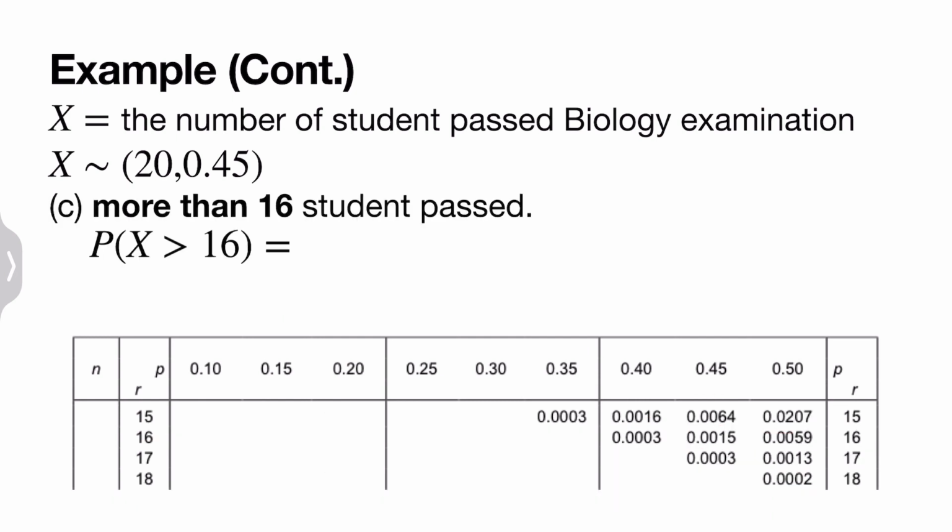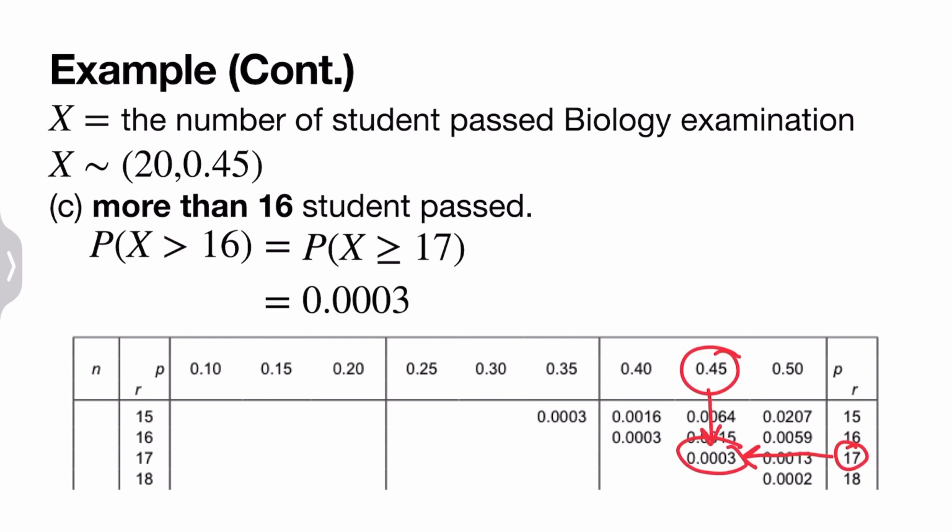More than 16 is probability x greater than 16. Can we find this using the binomial table? No, we can't. Selepas 16 apa? 17. So look at your table. What is the probability then?